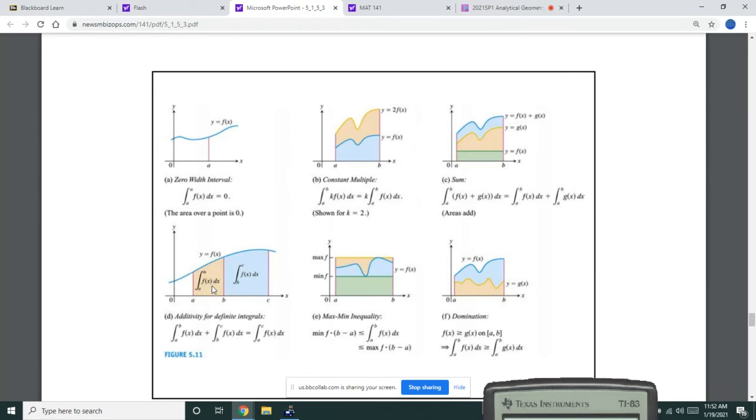So that means that you can add limits. So here's an example.